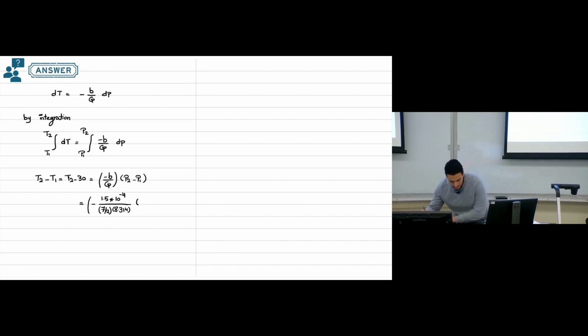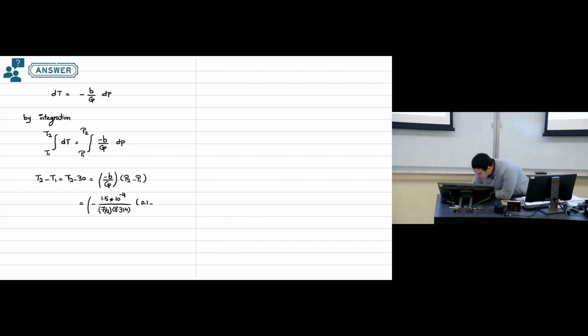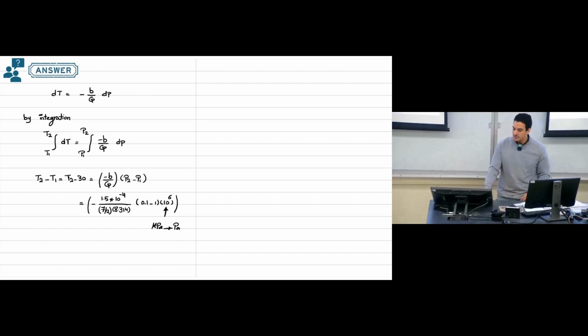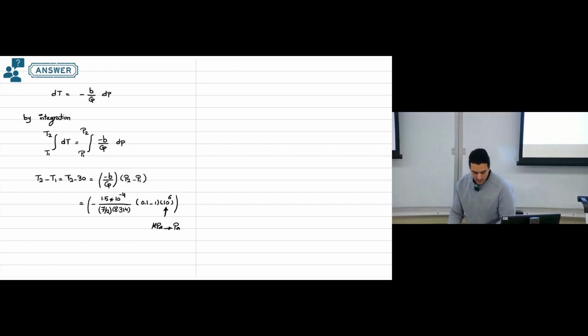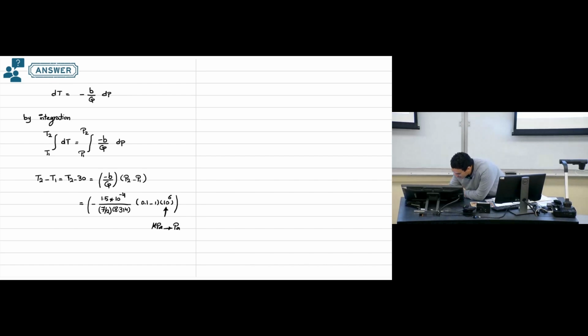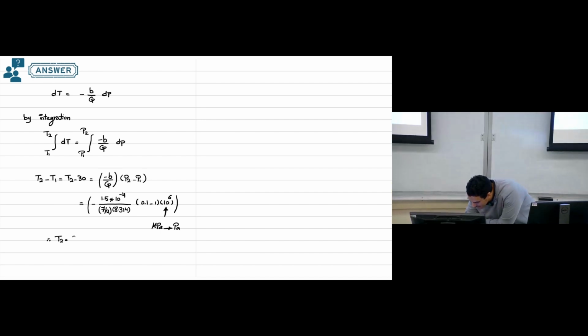The outlet pressure is 0.1 and the inlet pressure is 1, times 10 to the power 6 to convert megapascal to Pascal, to make sure that everything is in the SI system. Now we have all the parameters in this equation, everything is substituted. The only unknown is the outlet temperature. By substitution, you will see that the outlet temperature is 34.6 degrees Celsius.